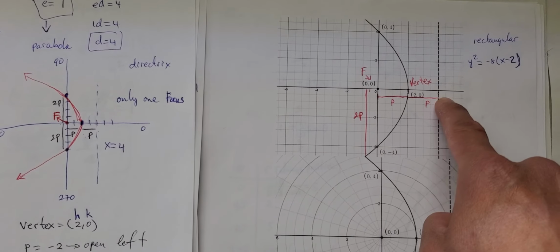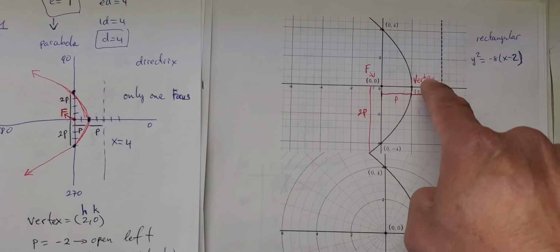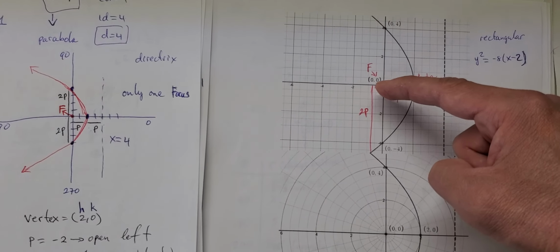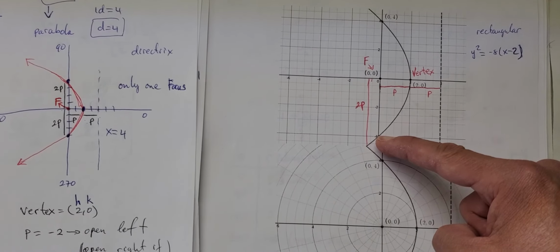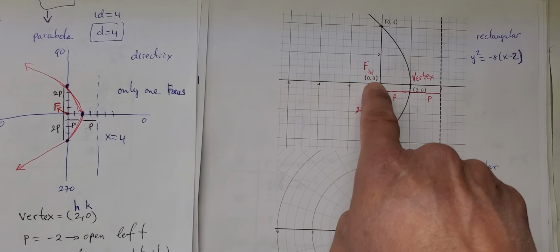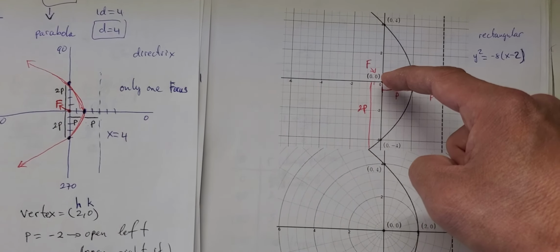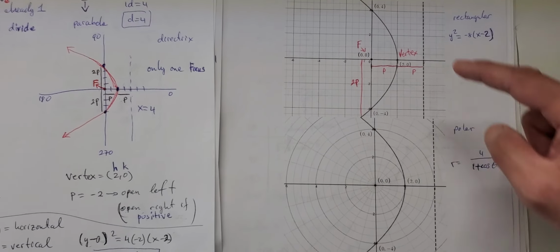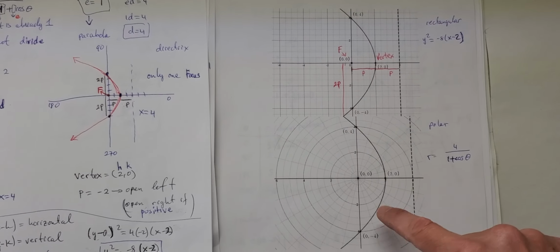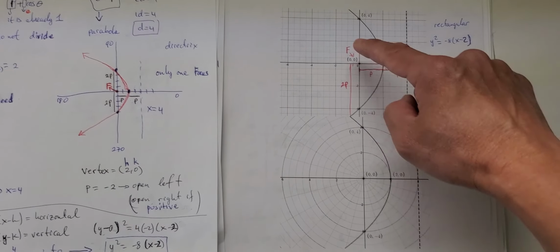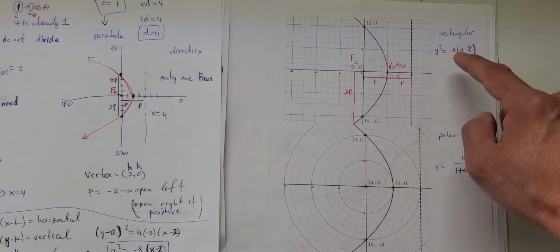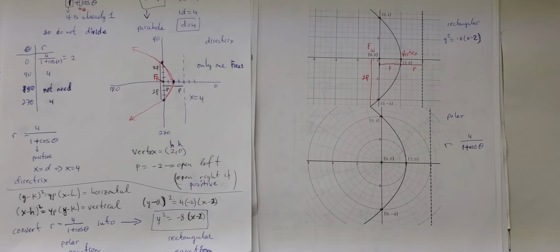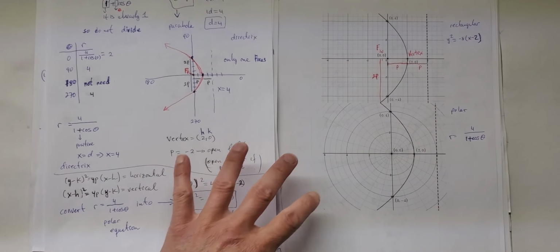From the vertex to the directrix is halfway, so just 2. From here to here is the same distance as from the focus to this point. This is the rectangular form, and this is the polar form. Same graph, just a different way of writing it. I hope this helps out for part 3.